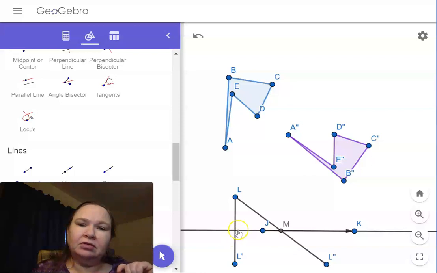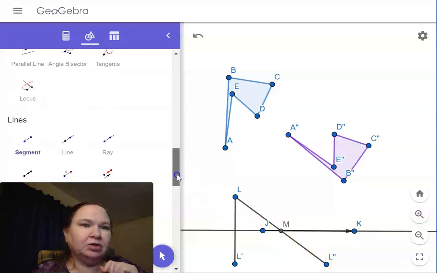And so this intersection point would be the midpoint of that segment. And that same thing is going to be true if I take this point and translate it parallel to the line. This point that intersects the reflection line is still going to be the midpoint of that segment. Let's test that by measuring.